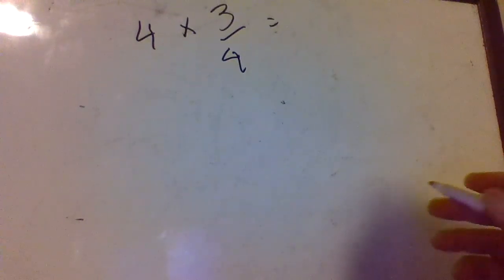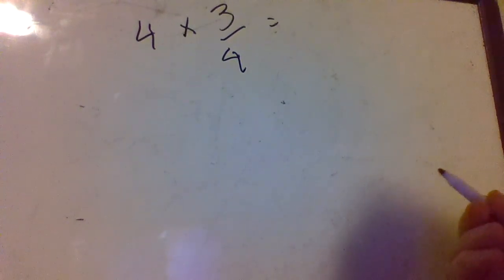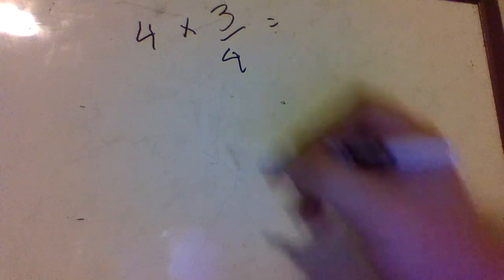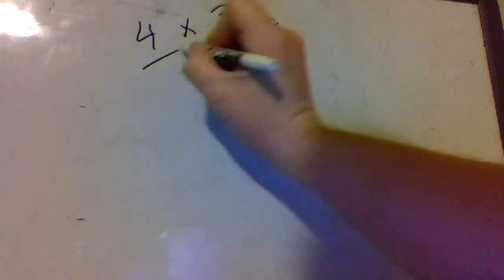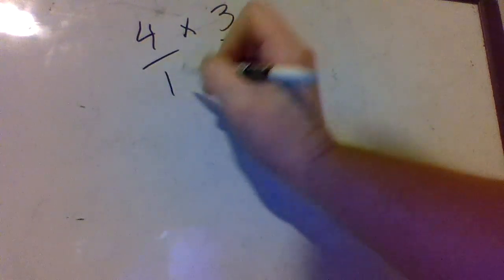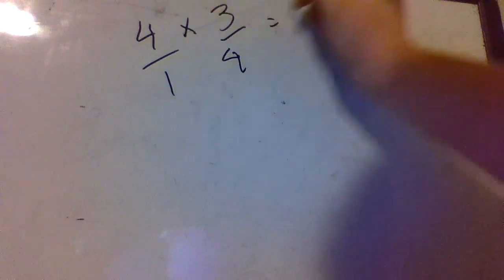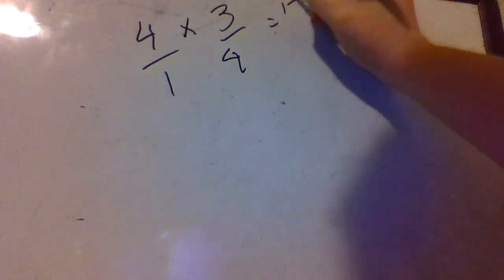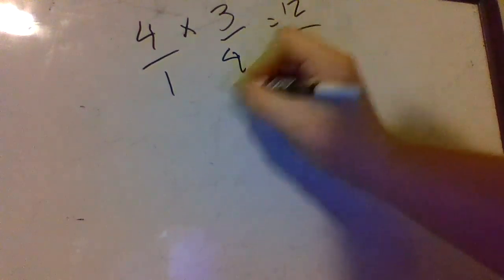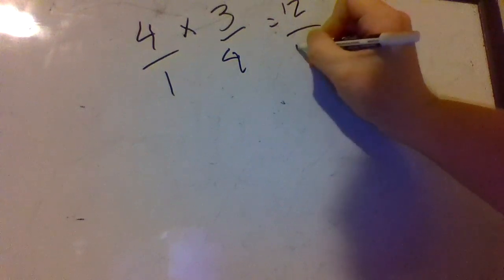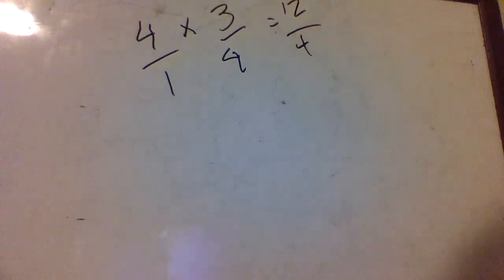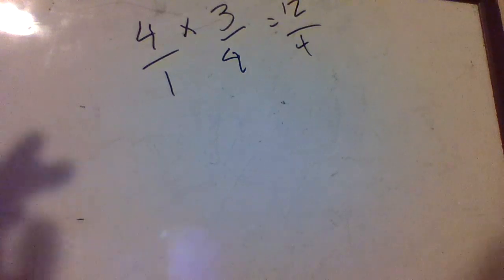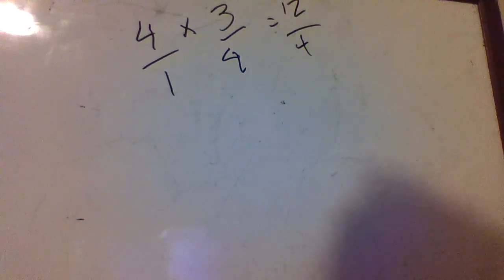Well, once again, we just do it how we did it last time. The 4 goes over 1. So we've got 4 times 3 is 12. And 1 times 4 is 4. So we've got 12/4. And once again, an improper fraction, but we'll worry about that later.